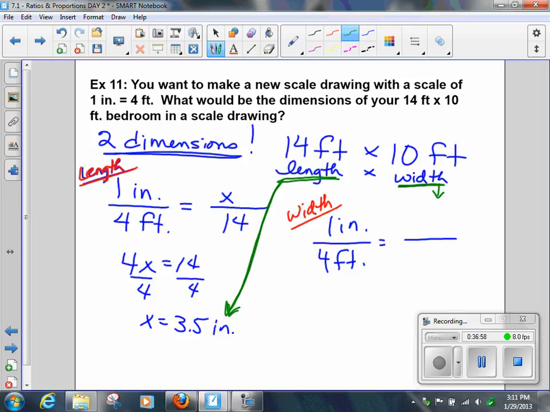Now we're going to change gears, and now we're going to have to figure out what the width is for this plan, for this scale drawing. Okay? So now, all you need to focus on, what's the width of the original room? 10 feet. The guide doesn't change. It's still 1 inch represents 4 feet. Okay? What am I going to do with 10 feet?